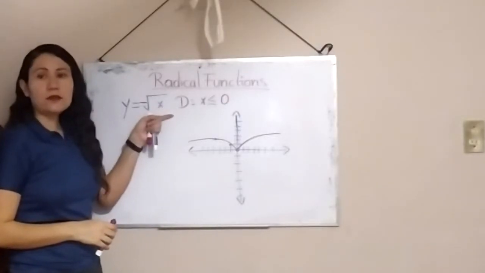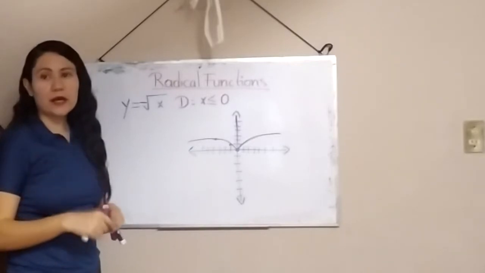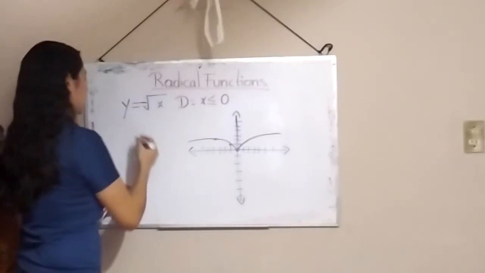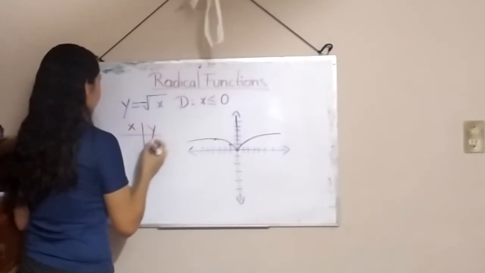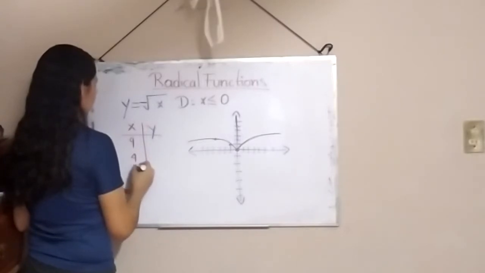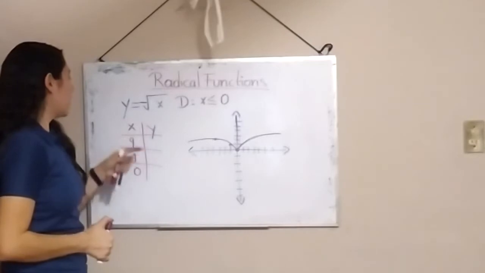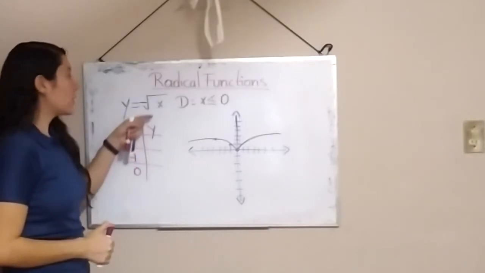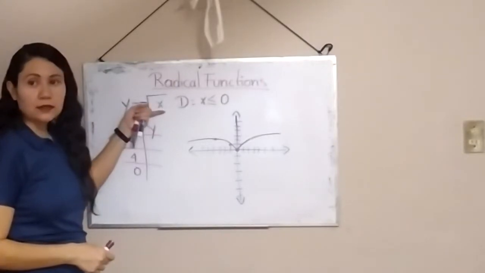Since the x inside the radical is positive again, we are going to be using positive values for x. Okay? If x is 9, what is the value for y? What is the square root of 9?